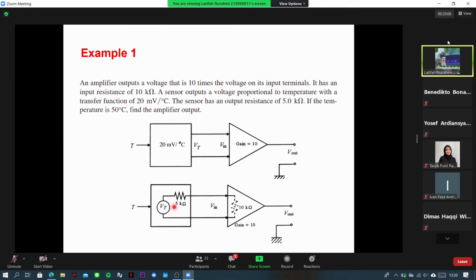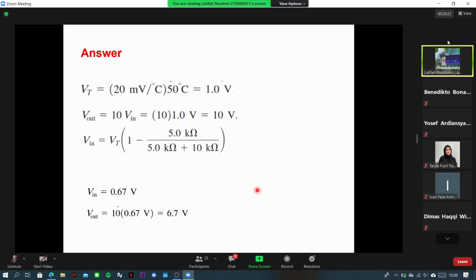It is known before. The amplifier has 10 kilo ohm, what we call the input resistance. Then how can we solve the problem? We can do it one by one.